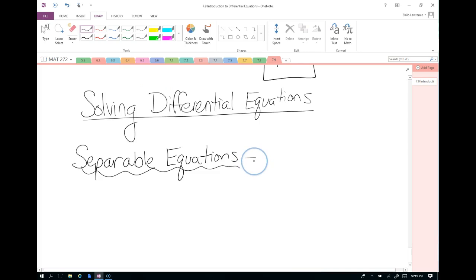So it's just like it sounds. These equations, we're going to be able to separate something. So there's a specific format that we're going to look for that's going to tell us we have a separable equation.